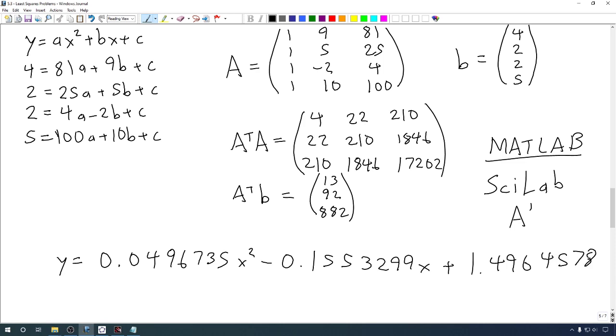So technically these are all fractions, but the denominator I know already is 36,136. So we're just going to leave them as decimals.